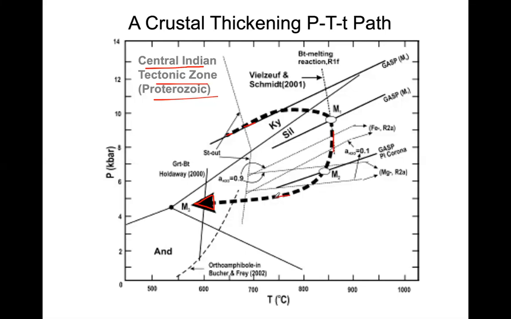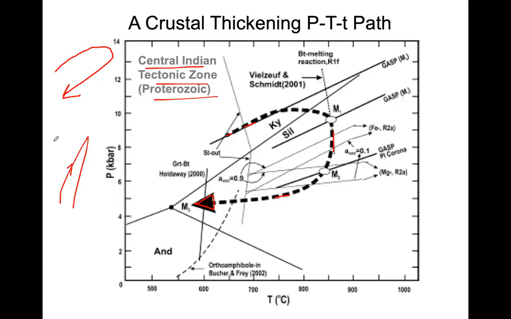And you see it's also showing a crustal thickening type of PT path, because you see increasing pressure and temperature to a maximum, and then coming back to shallow levels. It doesn't show something like this. If it was showing like this, that means a very rapid pressure increase, then it should be a subduction zone.